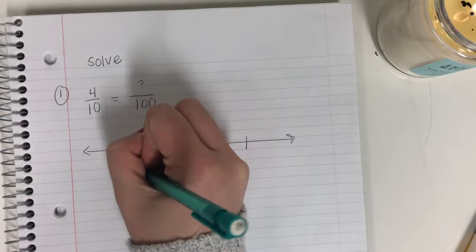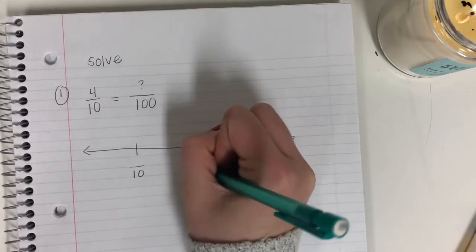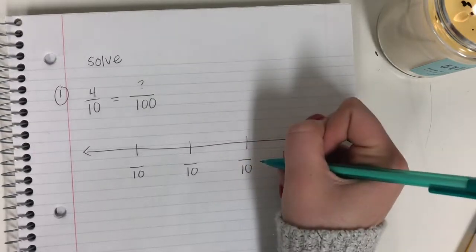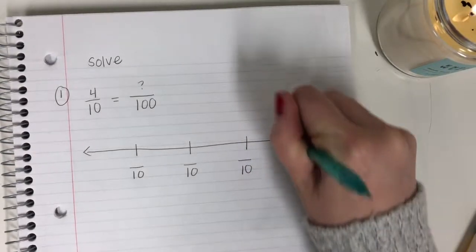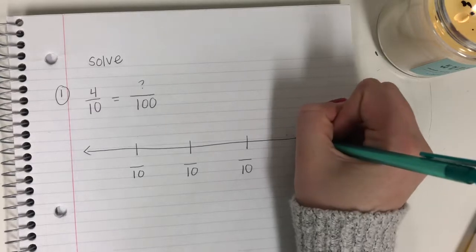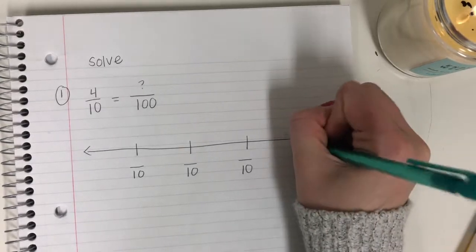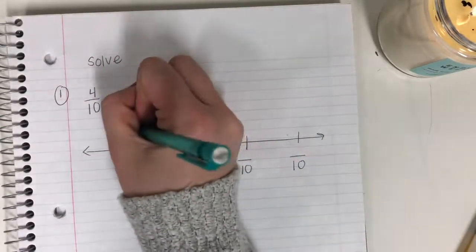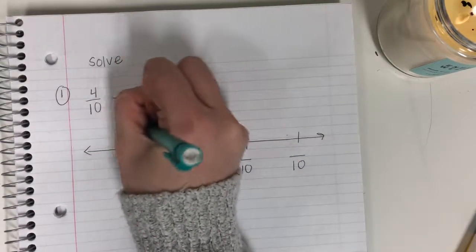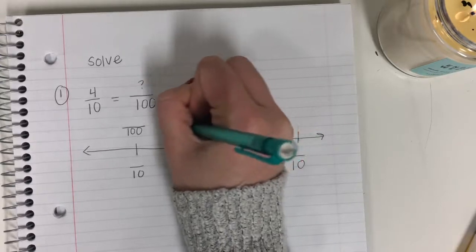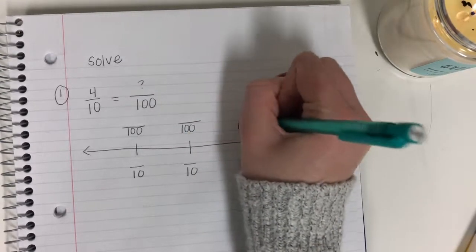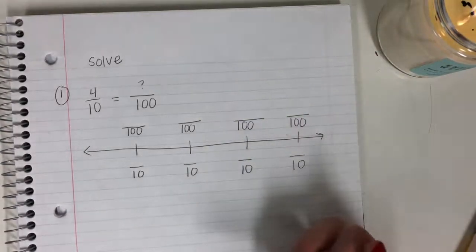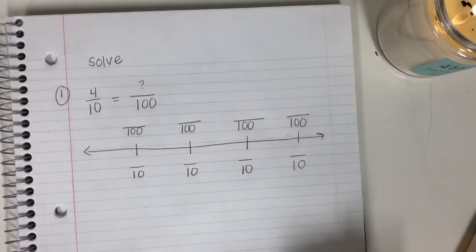Your 10s are going to be down here. Oh, one more. I'm just going to give you 4. And then your 100s will be up here. So I want you to plot 4 tenths and then figure out which number up top is equivalent to it and fill in the answer above, okay?